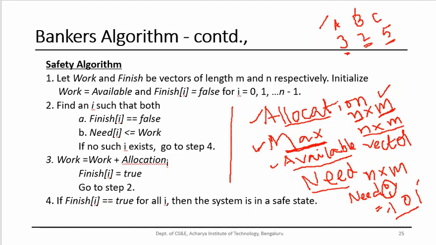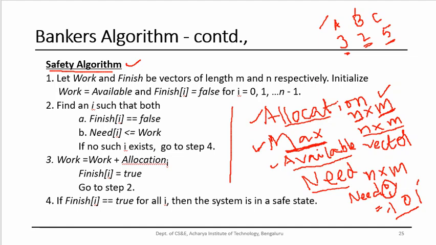If the system state is safe, then the allocation made by the operating system is committed, in the sense it is made permanent. Otherwise, the allocation of resources is postponed or deferred. So that's how the Banker's algorithm works. I hope you have understood. The resource allocation algorithm calls this safety algorithm to check whether the system's state remains safe or not. Now let's try to understand how the safety algorithm works.